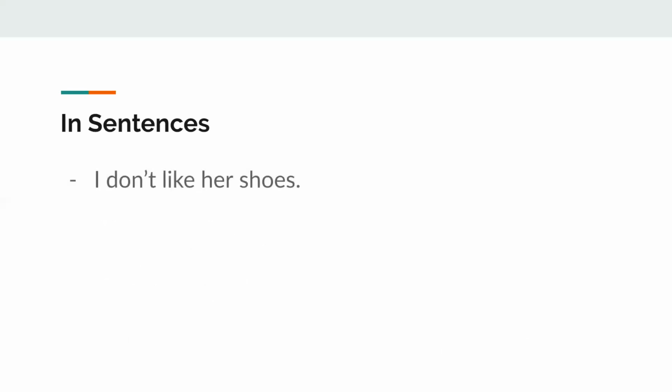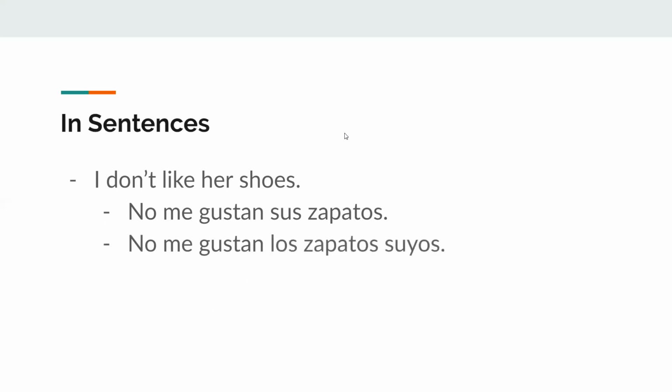The first two could be done either way. You have, I don't like her shoes. No me gustan sus zapatos. That would be the old way that we learned in chapter 3 with the possessive sus for her. The new way would be no me gustan los zapatos suyos. I don't like the shoes of her. Both of these mean the exact same thing in English. There's no difference between them.